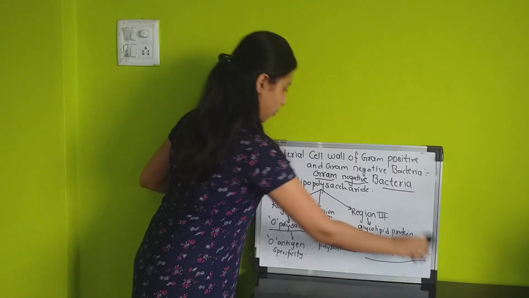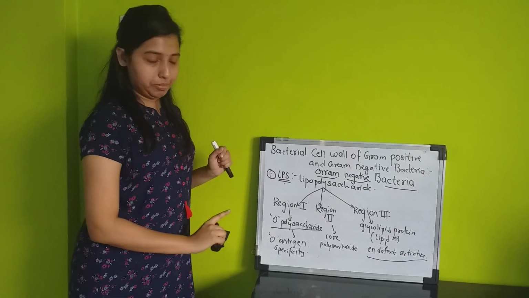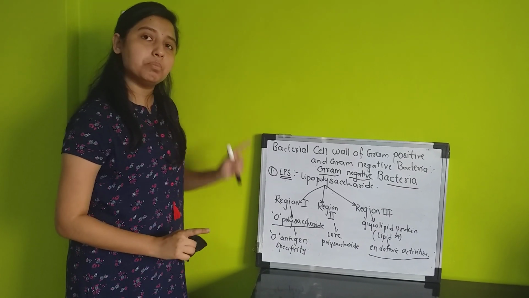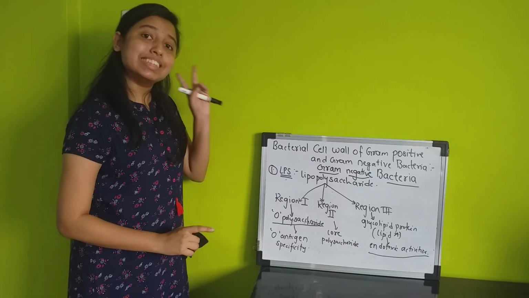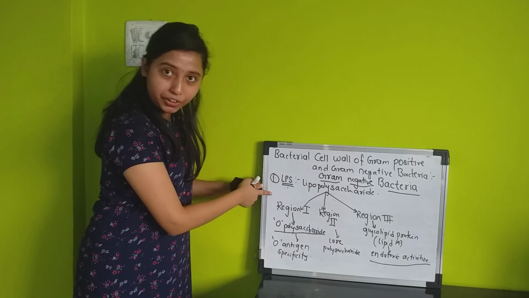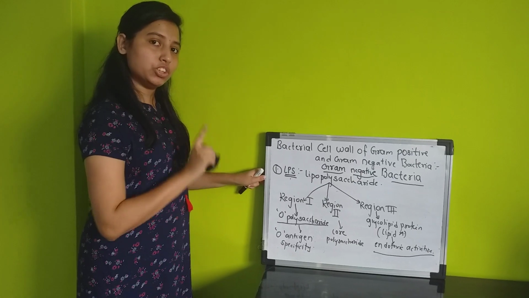Now, I will move on to the outer membrane. Same point under gram-negative bacteria, but this is the second point. This was the first point; the second point is the outer membrane.